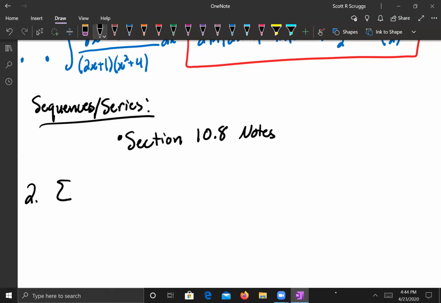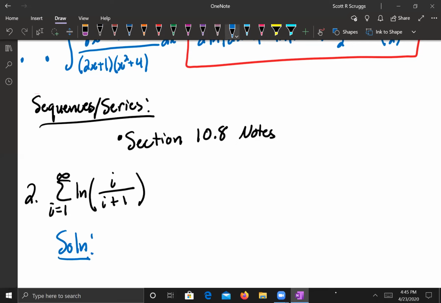I want to know whether or not this series is convergent or divergent. Natural log of i divided by i plus 1. I'll give y'all a few minutes to work on that before we go to the solution. And if y'all have questions, again, please let me know.